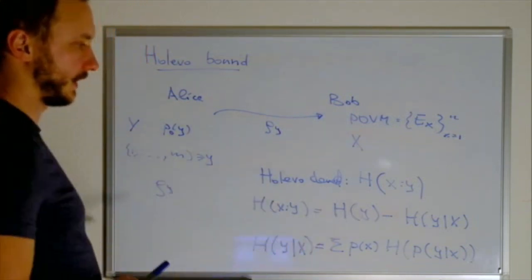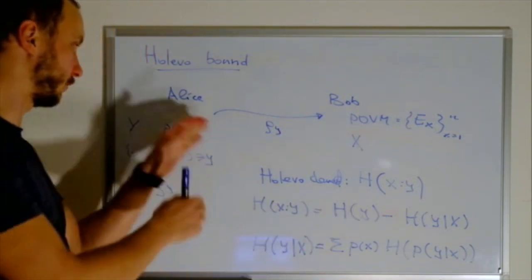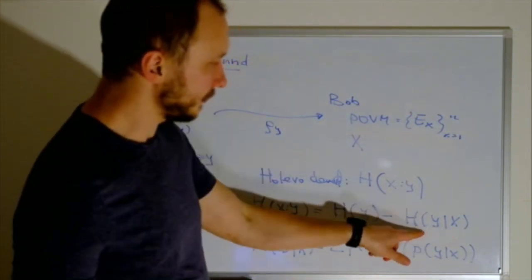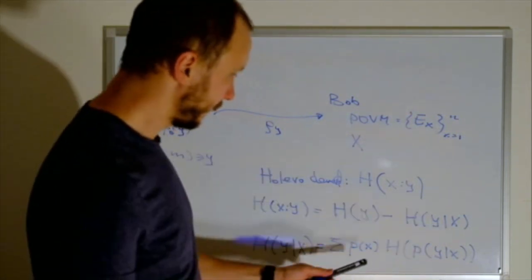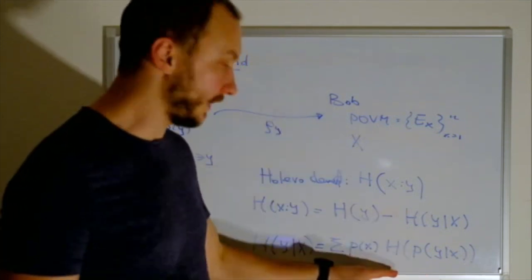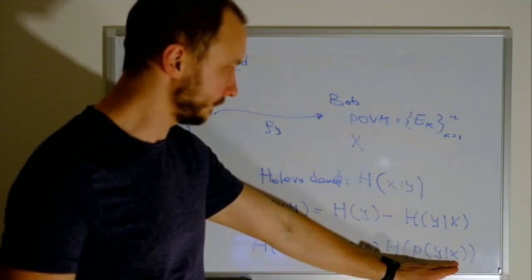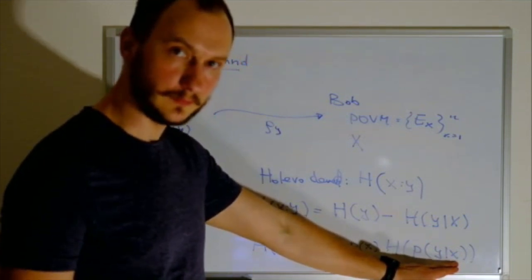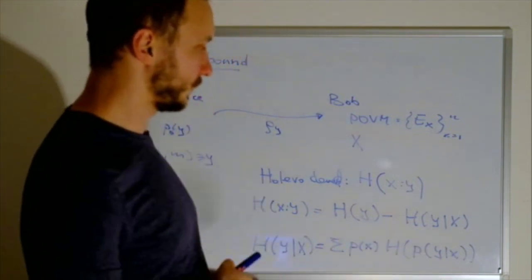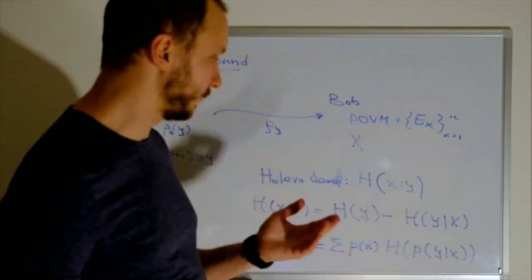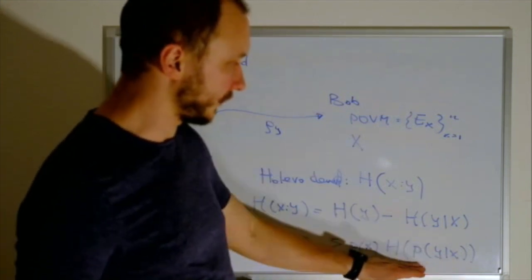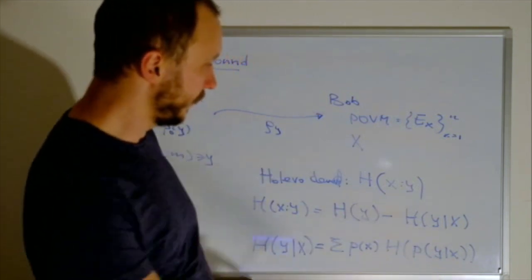This entropy is how uncertain everybody who knows the preparation is about the value of Y. And this conditional entropy is how much Bob remains ignorant of the value of Y after he measures X. For example, if from his measurement Bob knows that this x can correspond to only one possible value of y, then this will be just a Kronecker delta distribution, so the entropy will be 0, and then we subtract nothing.